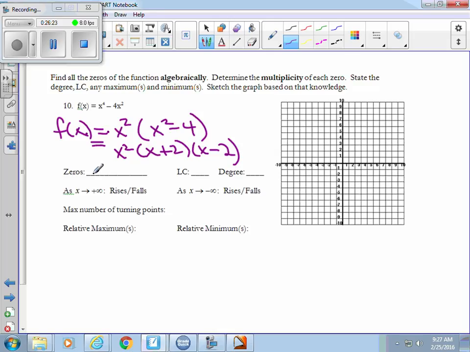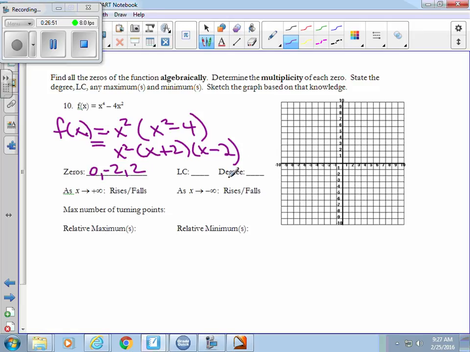What are the zeros? 0, -2, and 2. It didn't ask, but if it does, multiplicity on the 2's would be 1, and on the 0 would be 2. We could still answer that question.